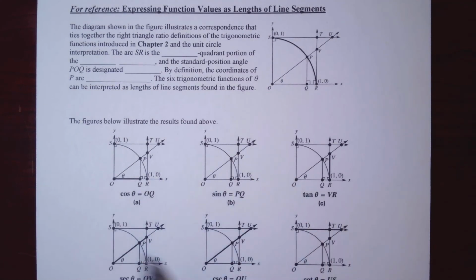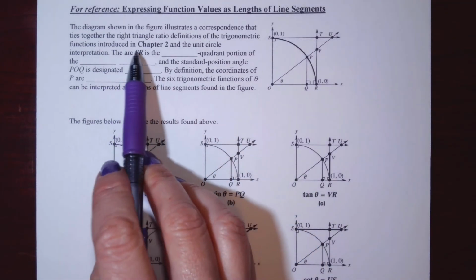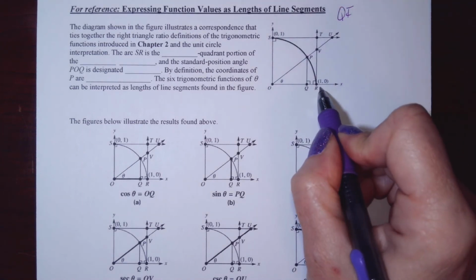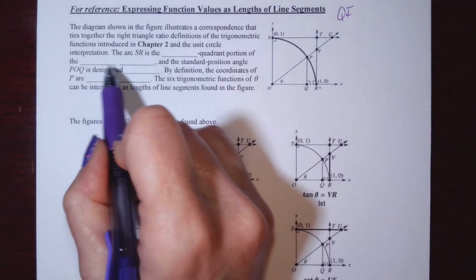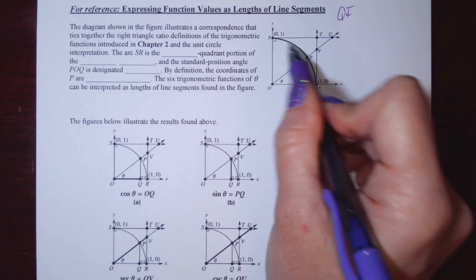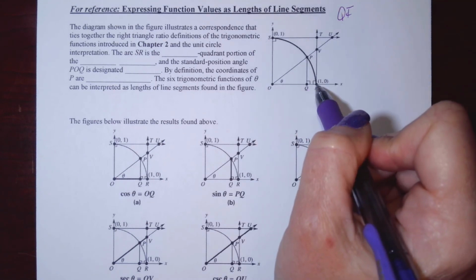I pulled it forward so that we could look at very physically what these function values represent so that everyone has a good picture in their head. We are looking at quadrant 1 of the unit circle because my coordinate here is 1, 0. The arc S to R, SR right here, that arc defines this first quadrant of the circle.